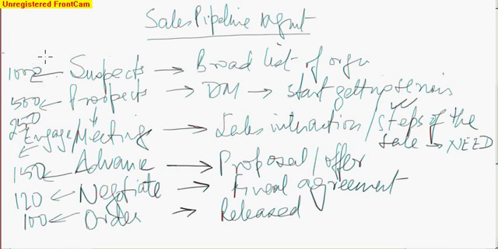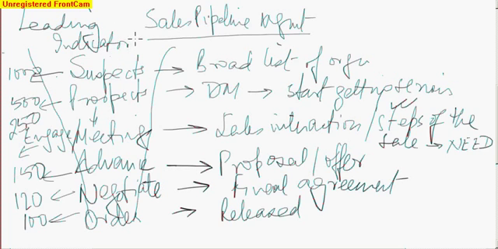This pipeline concept has to be understood well, because if the sales pipeline is understood well, that is when the organization can focus on what is called the leading indicators in the sales process and not the lagging indicators.